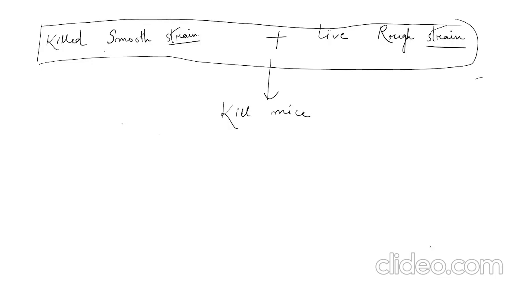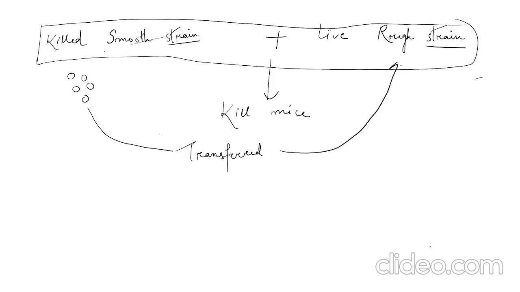Now from this, he made an inference that maybe some substances were getting transferred from the smooth strain to the rough strain.